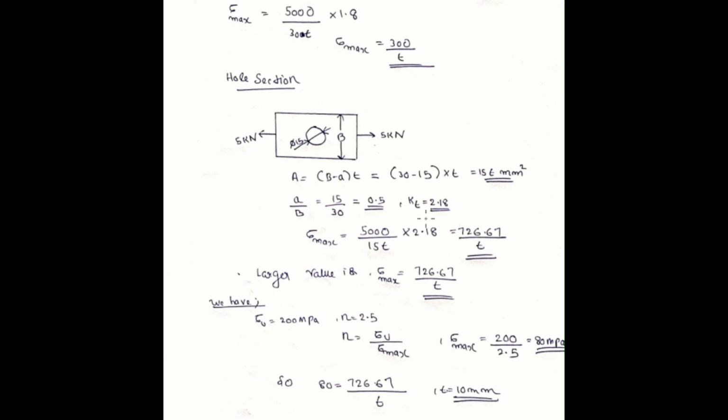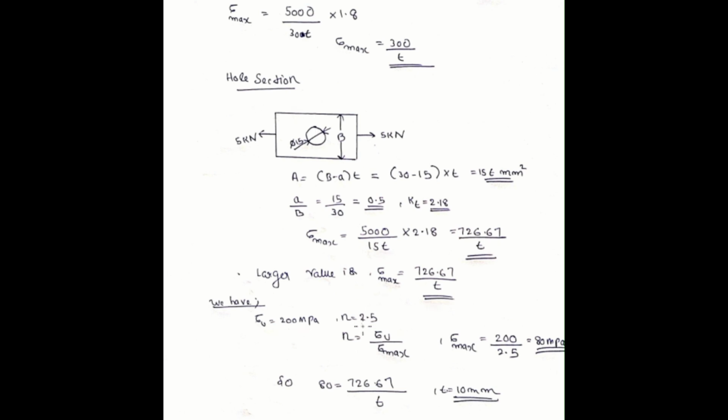If I build something to prevent failure due to the larger value, obviously the smaller one will not come into effect. So that's why we are taking the bigger value, the larger value which is due to the hole section.